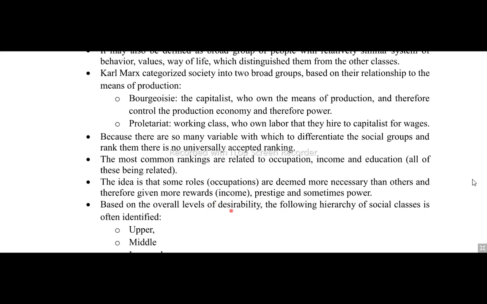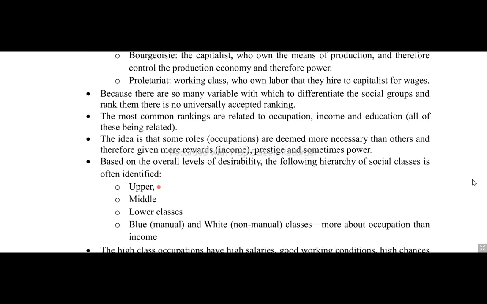Based on the overall level of desirability, the following hierarchy of social classes is often identified. We have upper, middle, and lower class. We will have blue, that is manual, and white, non-manual classes, more about occupation than income.